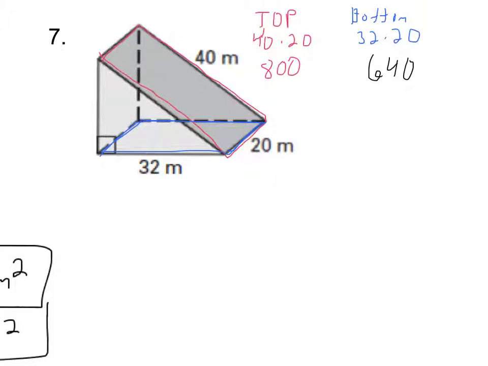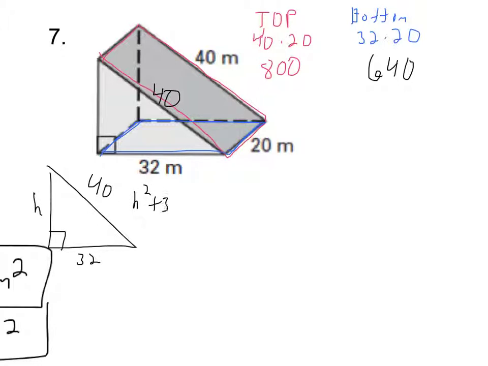So I know that this slanted part is 40. If you think about that as a right triangle, this is 40, this is 32. We need to know this height number. So just Pythagorean theorem. 8 squared plus 32 squared equals 40 squared.